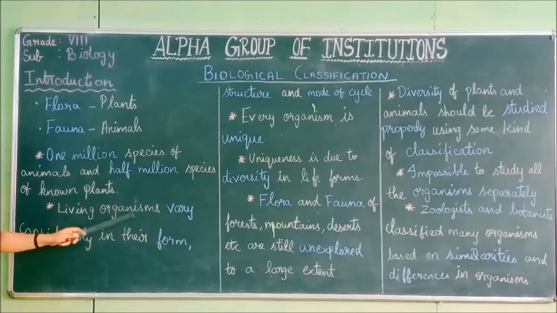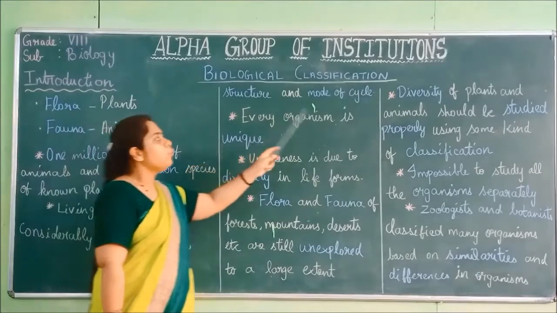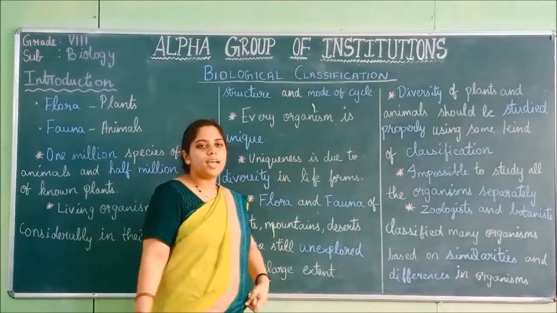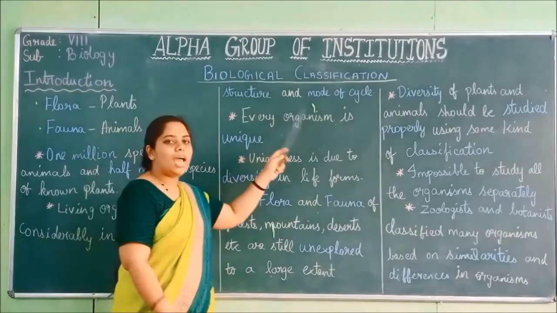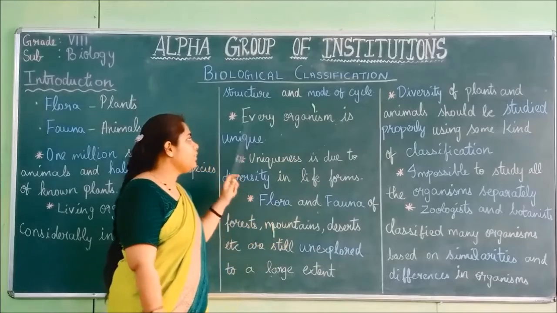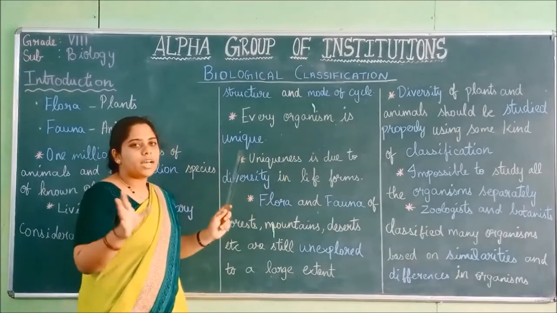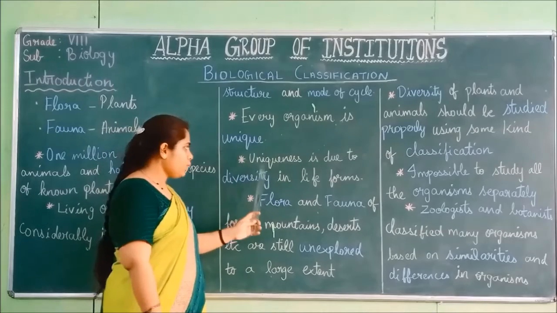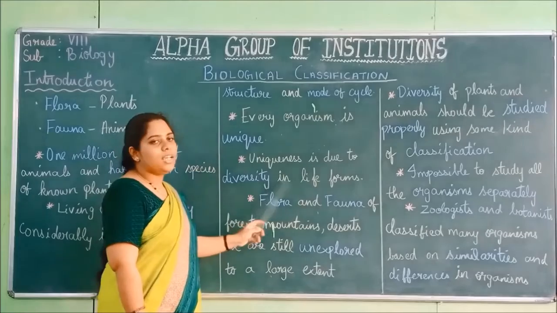Living organisms vary considerably in their form, structure and mode of life cycle. So all the organisms differ from one another in form, structure and mode of life cycle, and every organism is unique. All the organisms are unique. So this uniqueness is due to diversity in life form.